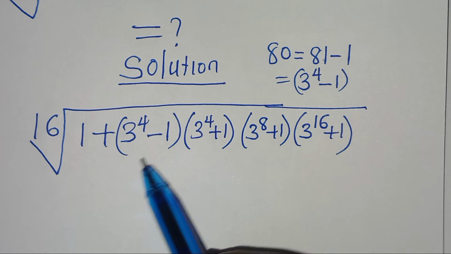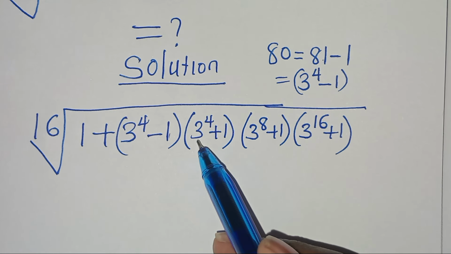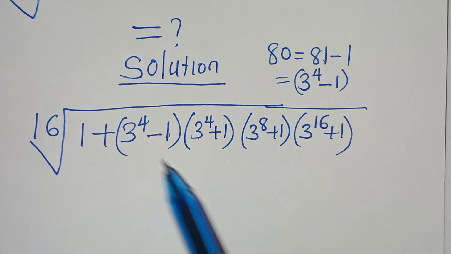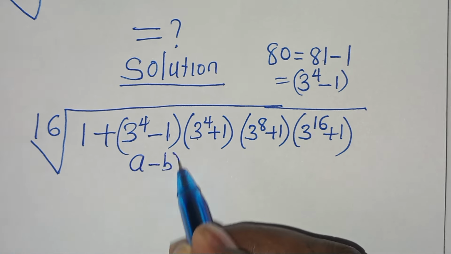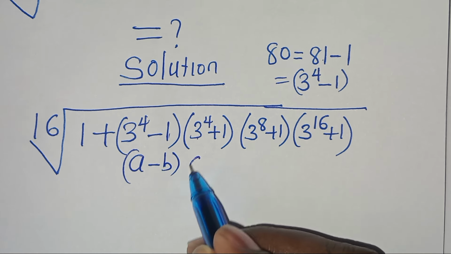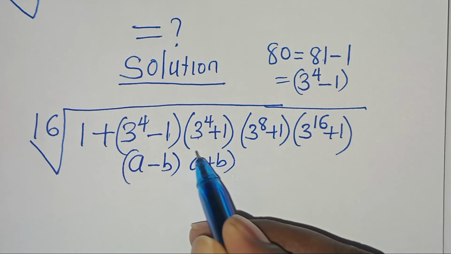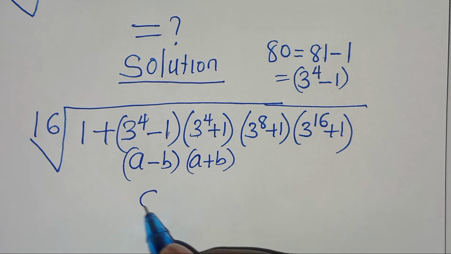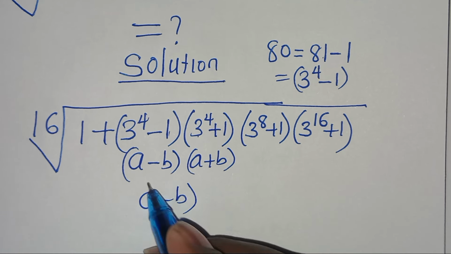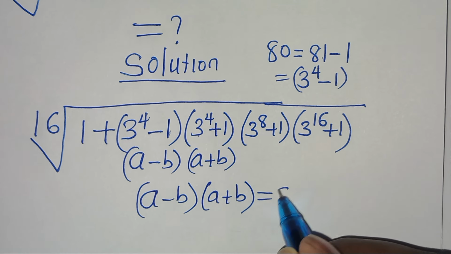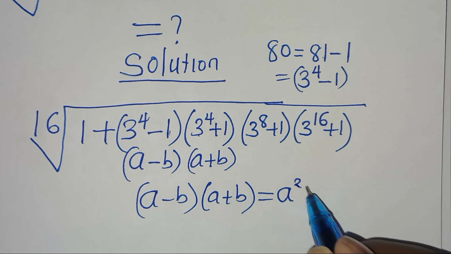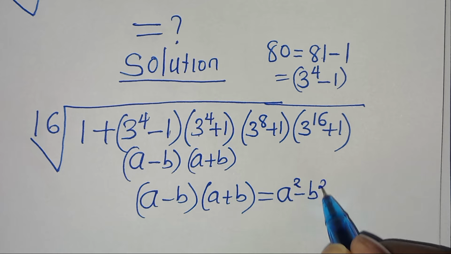Now, 3 to the power of 4 minus 1 times 3 to the power of 4 plus 1 is in the form of a minus b multiplied by a plus b. This is the difference of two perfect squares, expressed as a squared minus b squared.